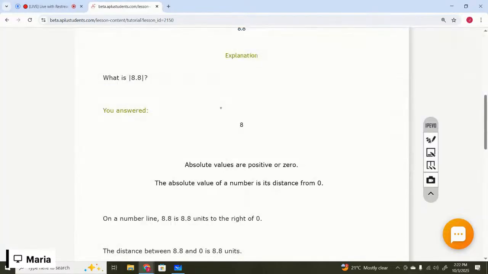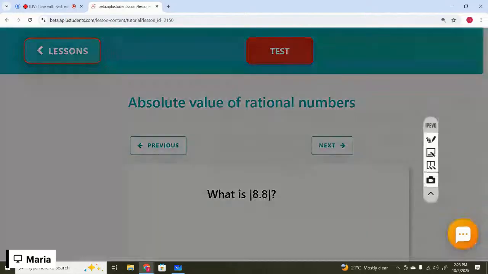What is the absolute value? It is the number's distance from 0, and absolute values are always positive values. Let's just start with the test questions.